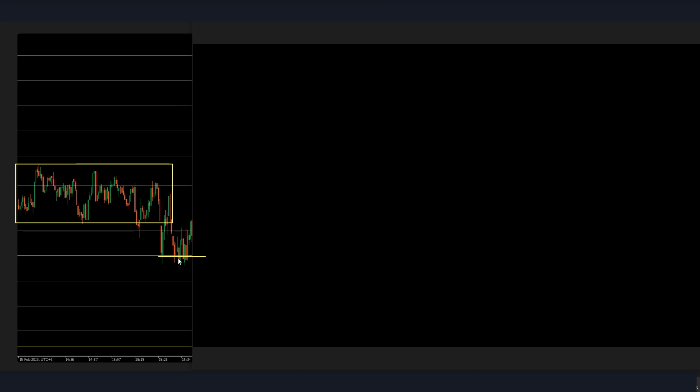And you can see that there is no real direction yet. The price action is not giving us a clear direction, so I will still be very cautious about it. No break, as you can see, to have a nice safe entry.